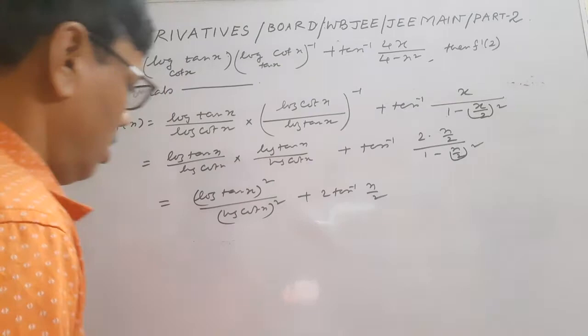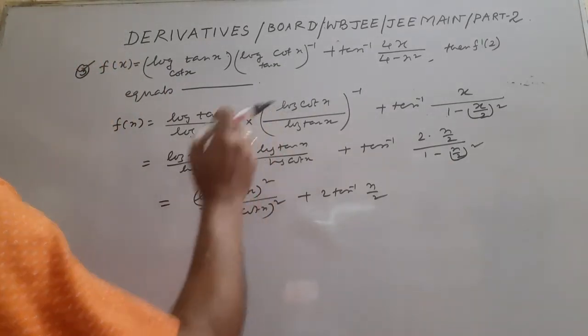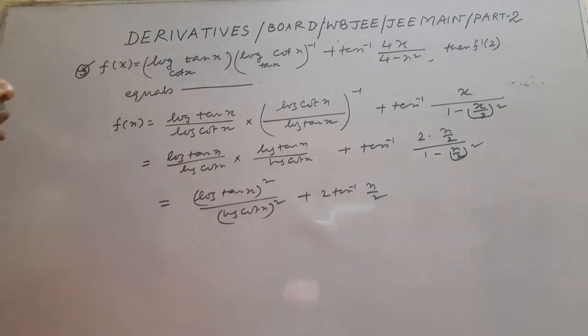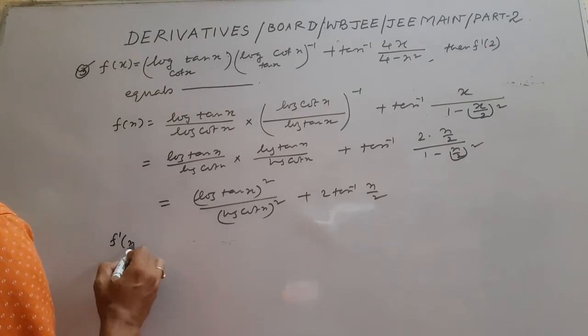Now look, you cannot take 2 here because of the whole square. So this is f(x). Now you find f dash x. So what is f dash x?